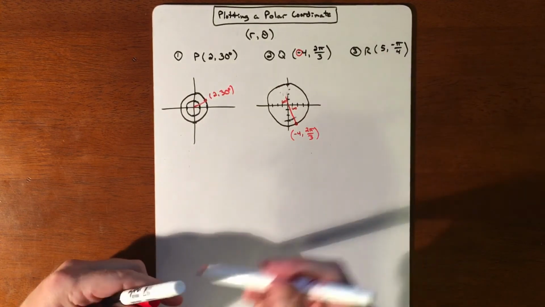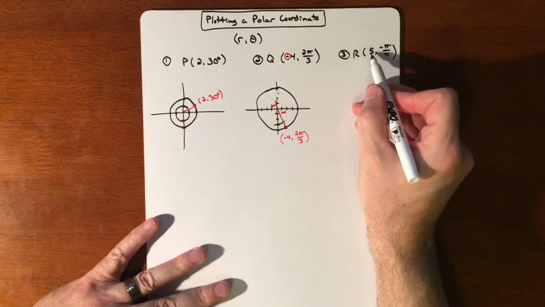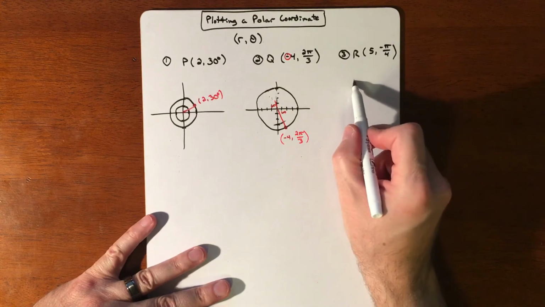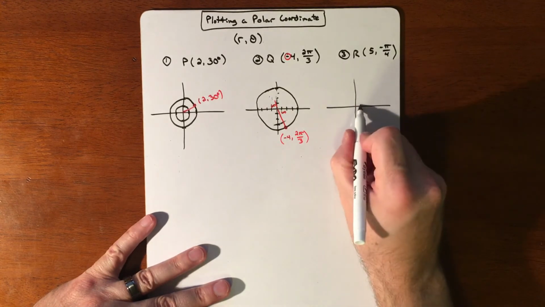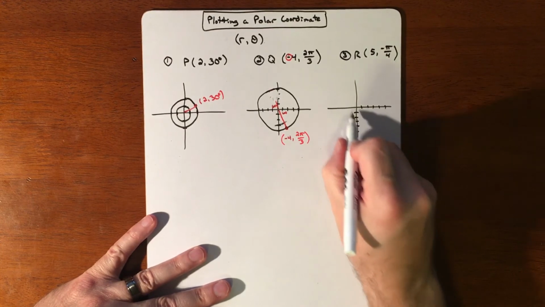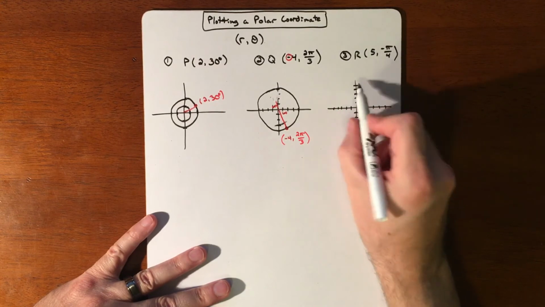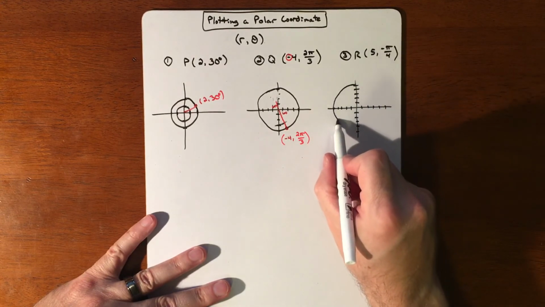All right, and then last one. We're looking at a 45. We're just going in a different direction, and we are out 5. So 1, 2, 3, 4, 5. Okay, so try this again.